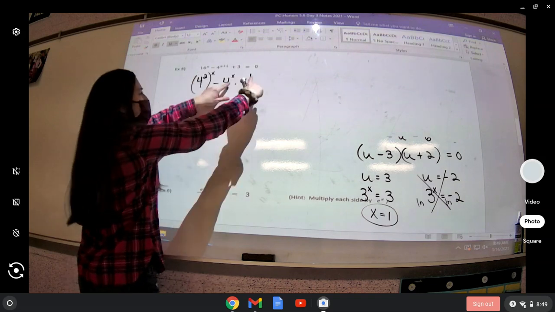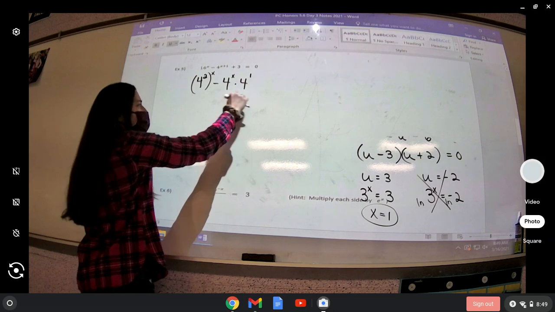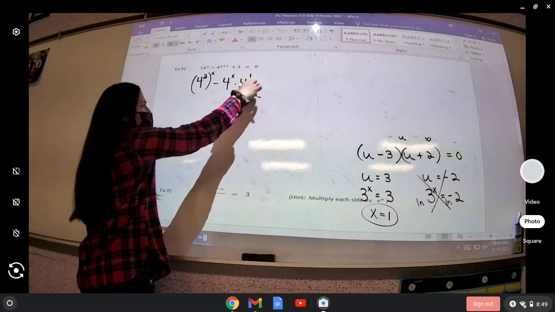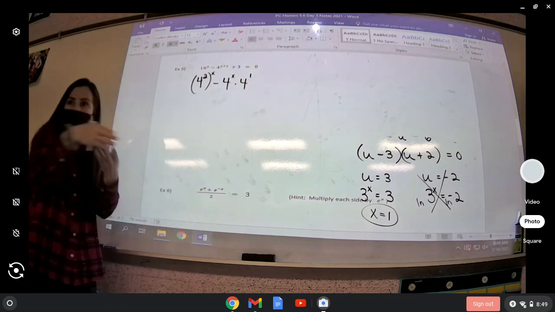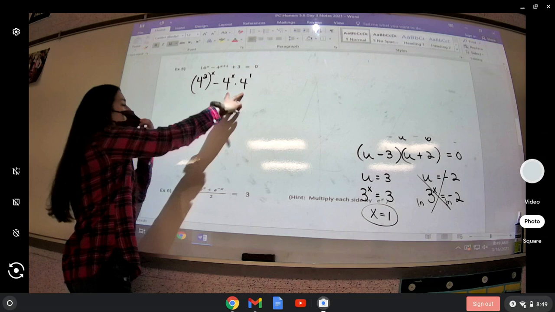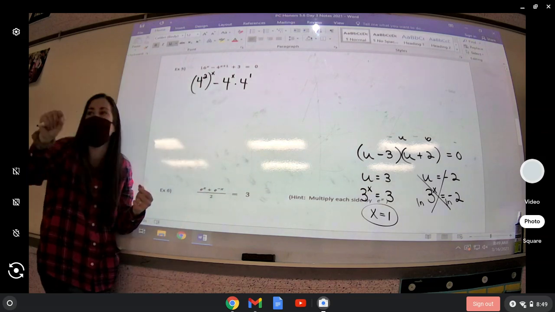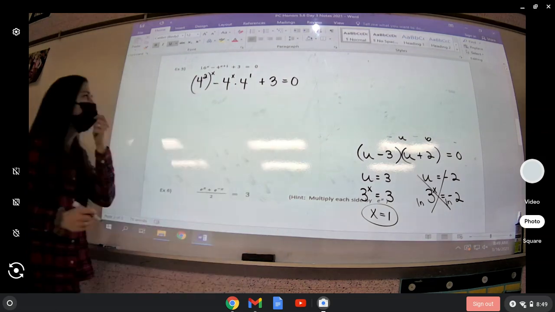I could split these up into separate exponents with their own base. Because guys, at the end of the day, what would we do to this? 4 to the x times 4 to the first, same base, multiplying, what do we do with their exponents? We'd add them. It'd be 4 to the x plus 1. So I can split this into 2 individual base 4 exponentials, and then it's plus 3 equals 0.